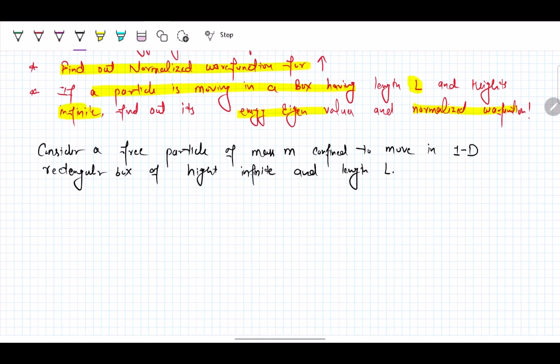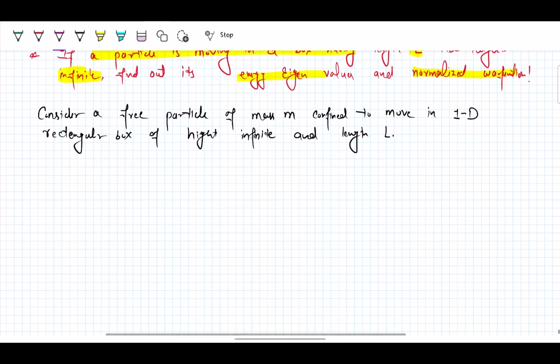A particle is confined to move in a one dimensional rectangular box.